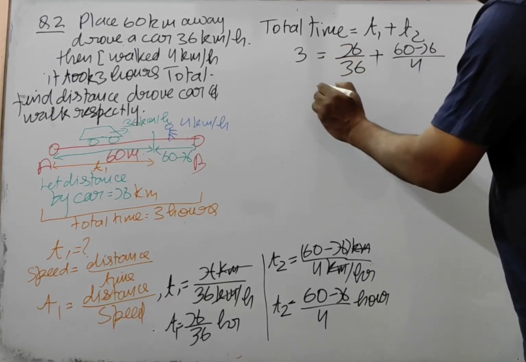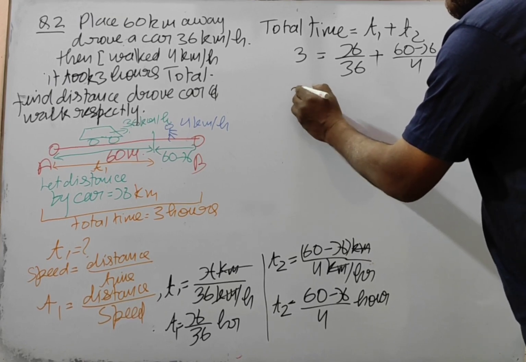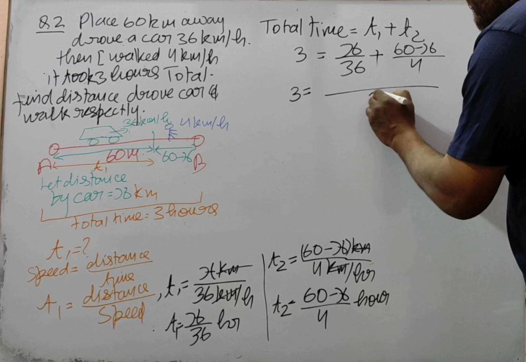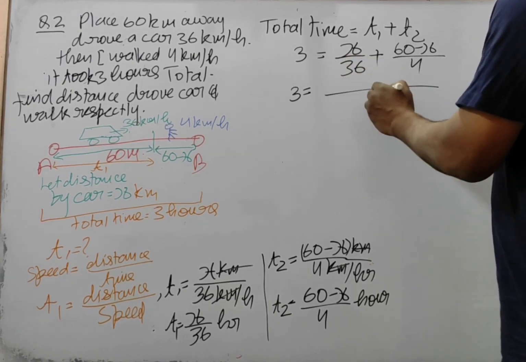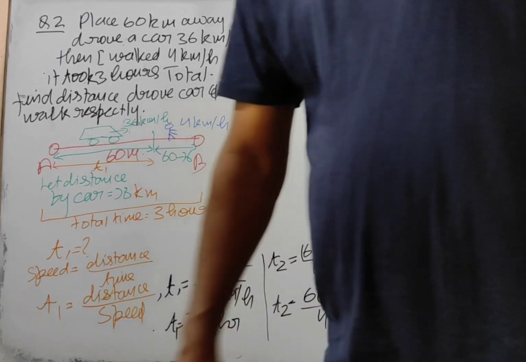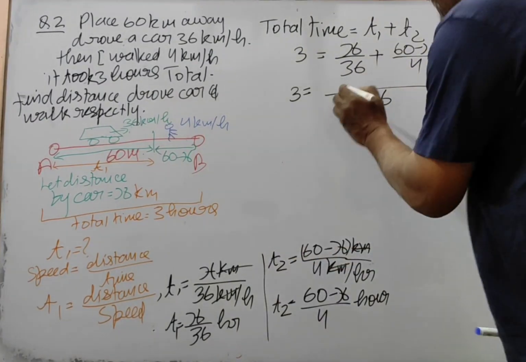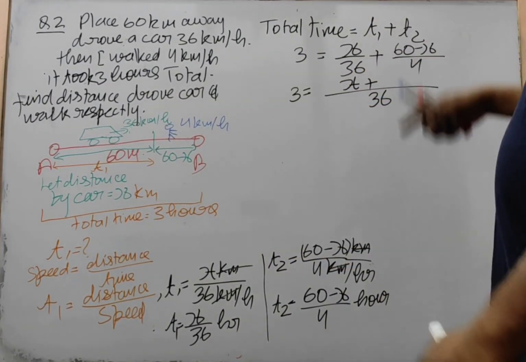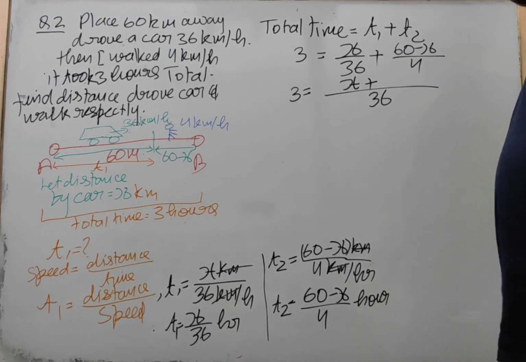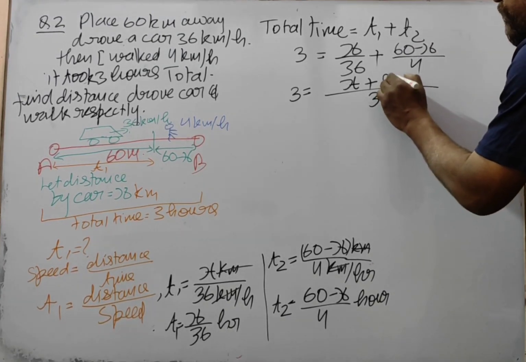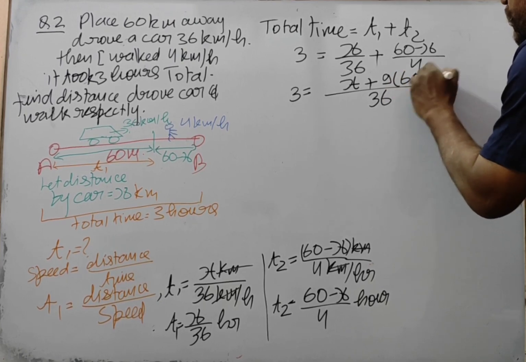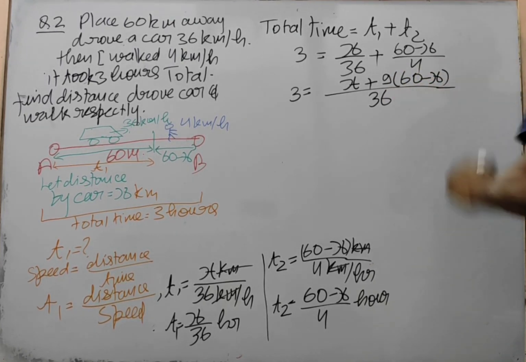Now 3 is equal to, we will take LCM. LCM will be 36. 36 divided by 36, we get 1, and 1 into x becomes x. So there will be x plus 36 divided by 4 becomes 9. So this whole is multiplied by 9, 60 minus x.